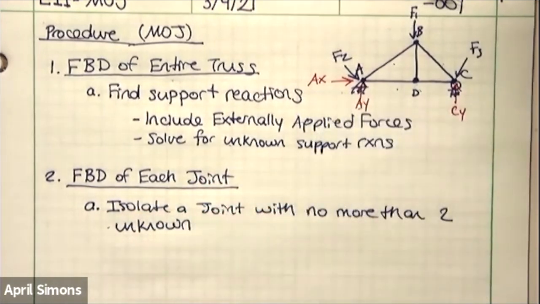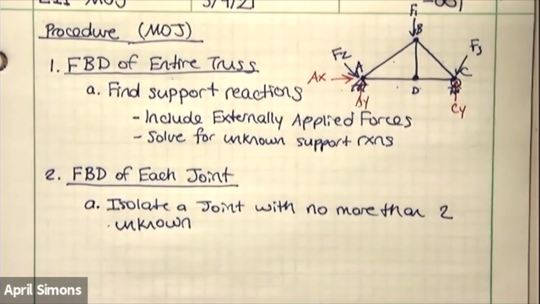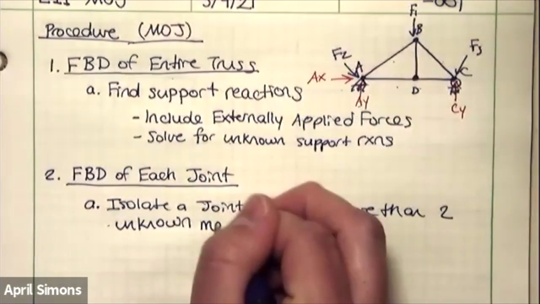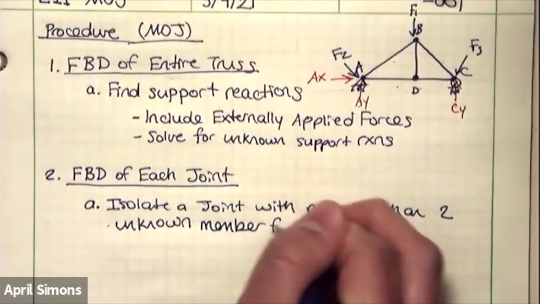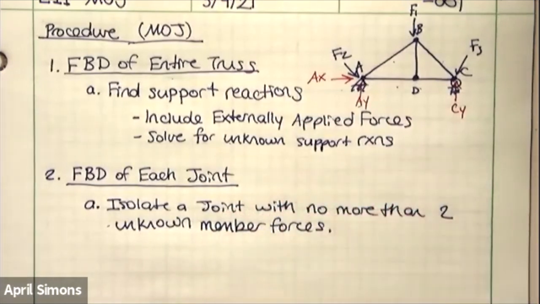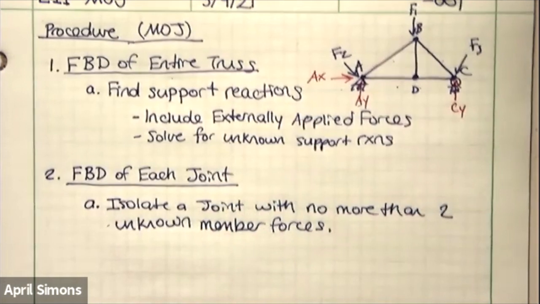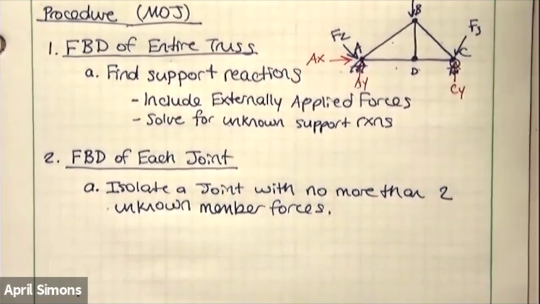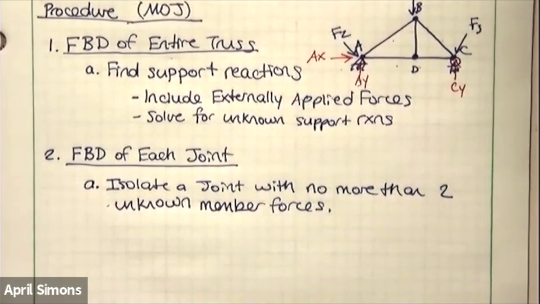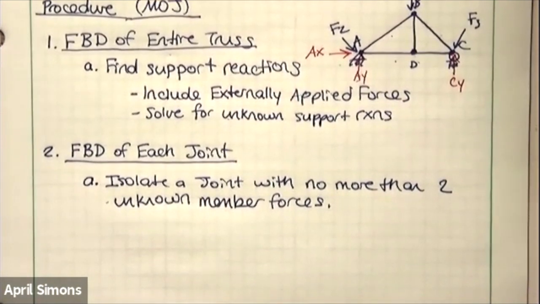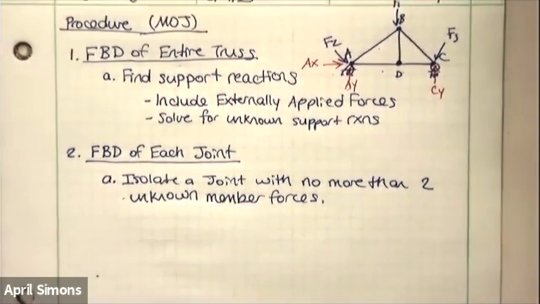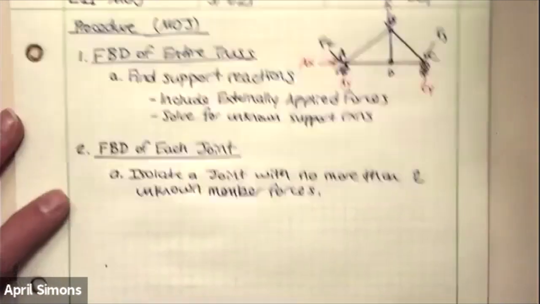So we want to isolate a joint with no more than 2 unknown member forces. Okay, so let's look at that.